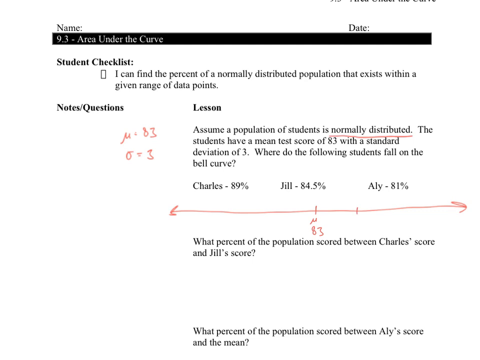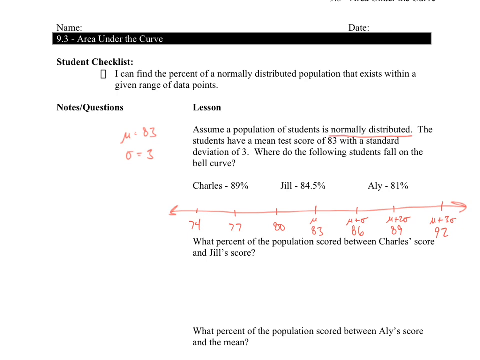Then we would have one standard deviation above, which would be 83 plus 3, and two standard deviations above, which is 89, and three standard deviations above, which is 92. We could also go the other direction. You get the idea. 80, 77, 74. All right, so these are all standard deviations beneath the mean.